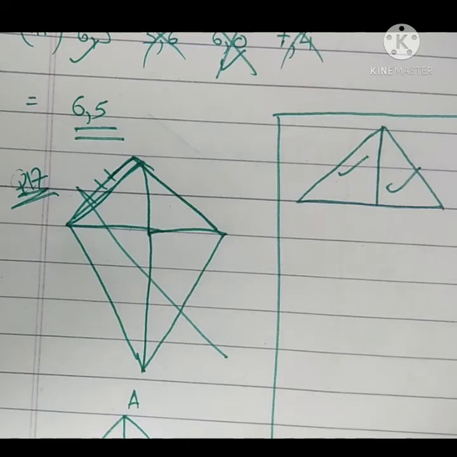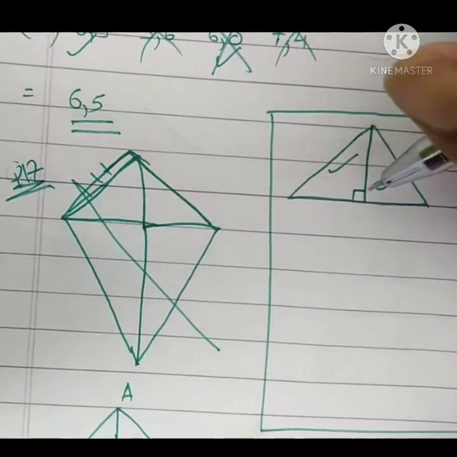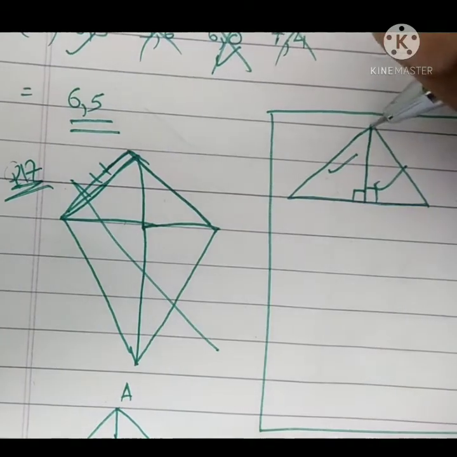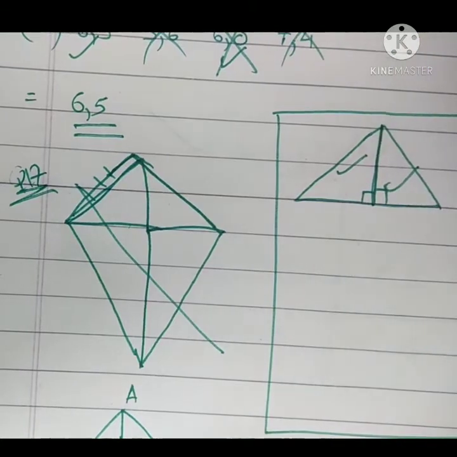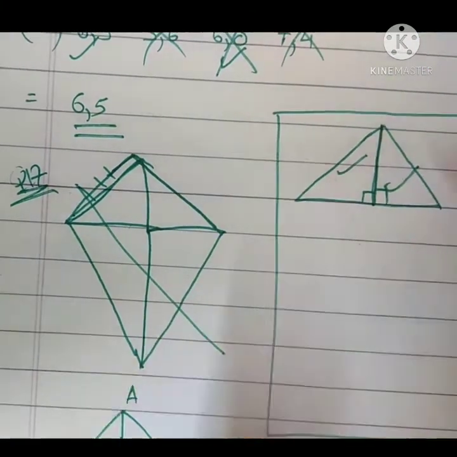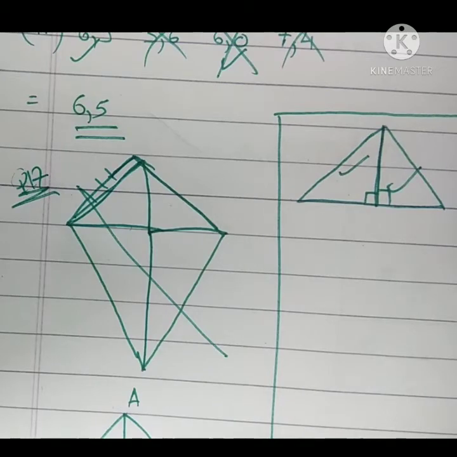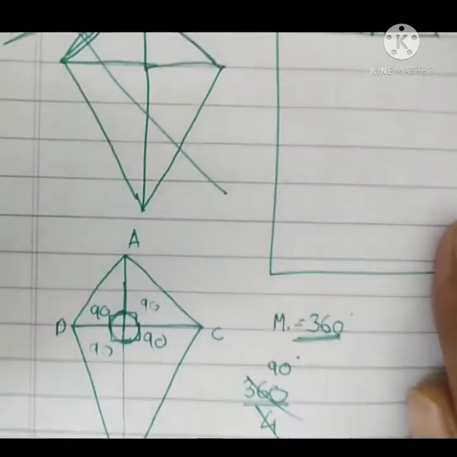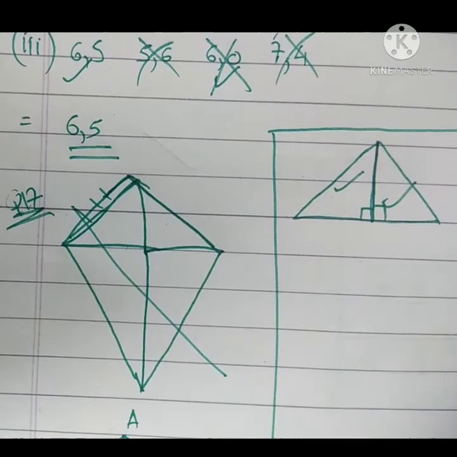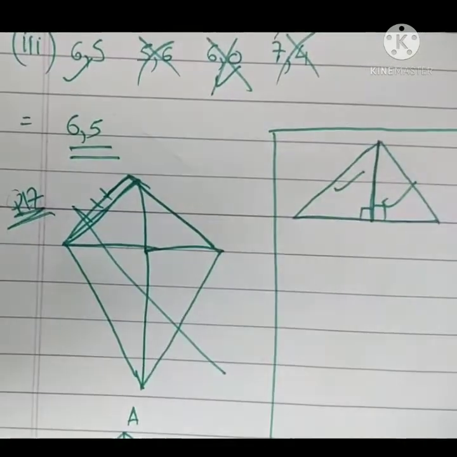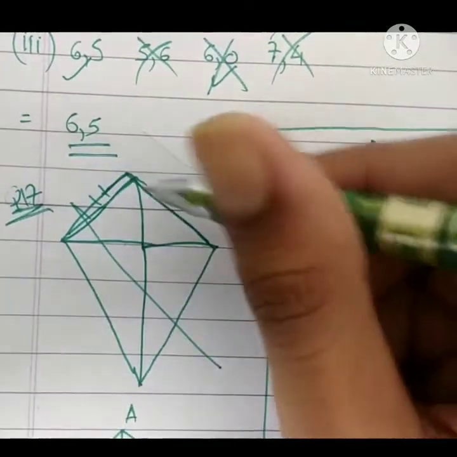Let's think about it. I think the most precise would be RHS, because these both have a right angle, and these both have a side equal. First we think these both will have hypotenuse also equal, because these two sides are equal in a kite. But there is no rule that in a kite this side and this side are equal.